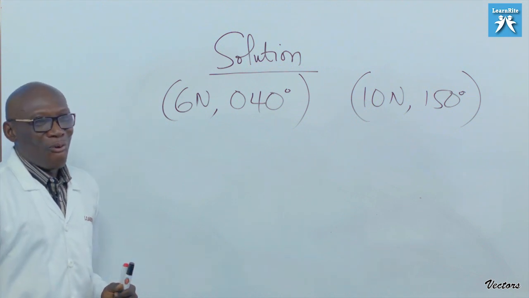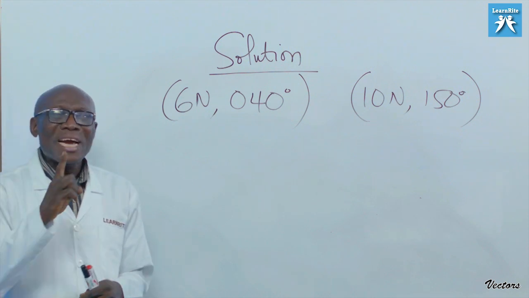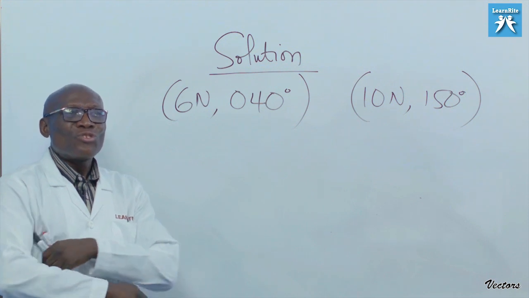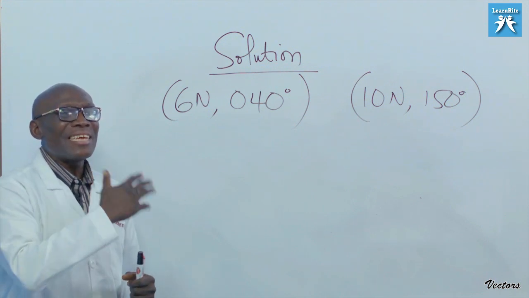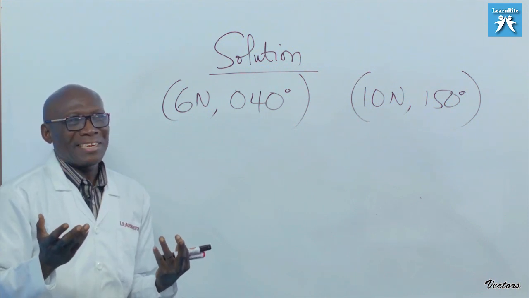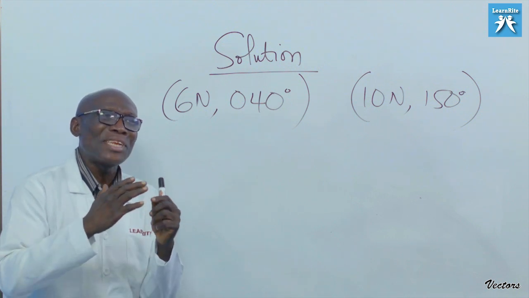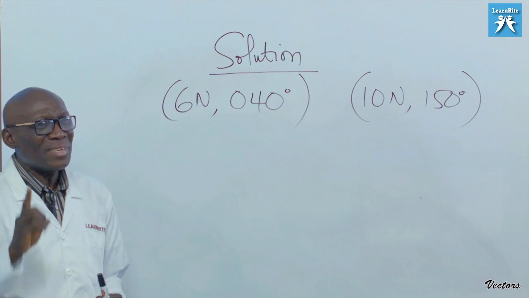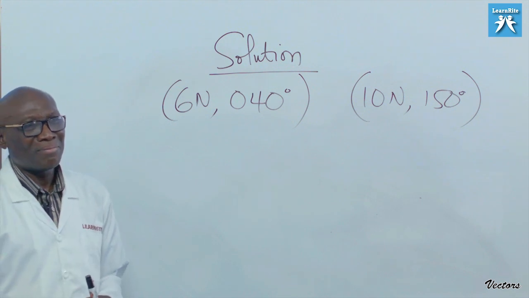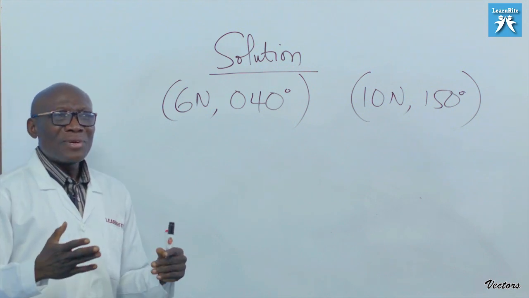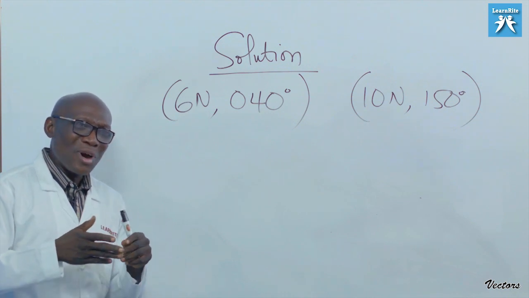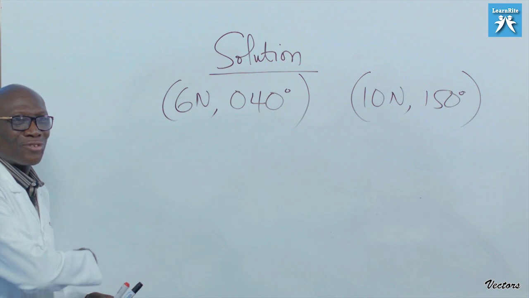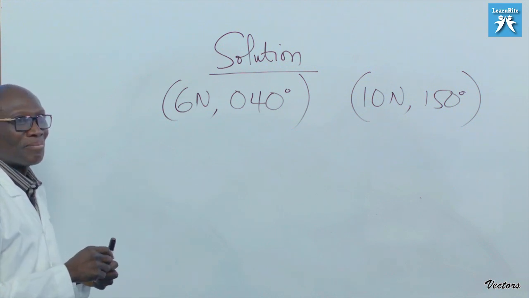So first of all, before you can join them well, you should be able to draw them individually. I know we have done it before, so you have no trouble. Let's see how we are going to draw them one by one.